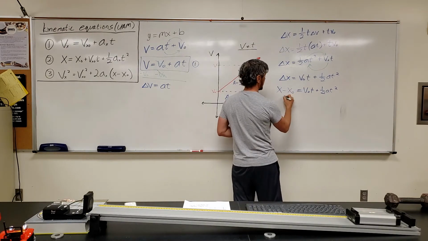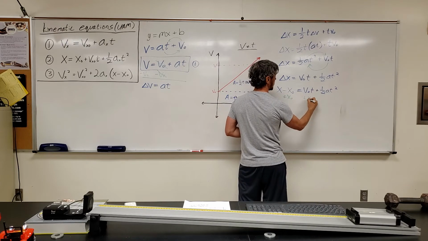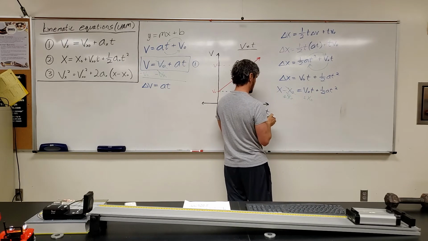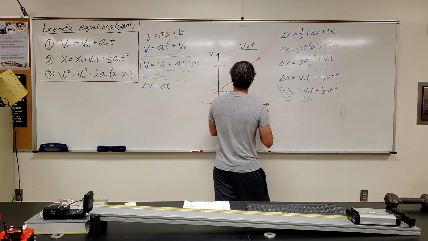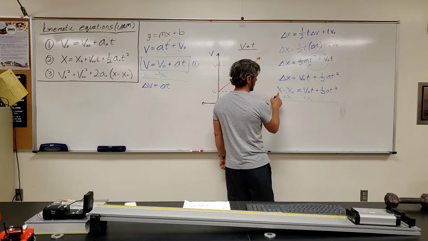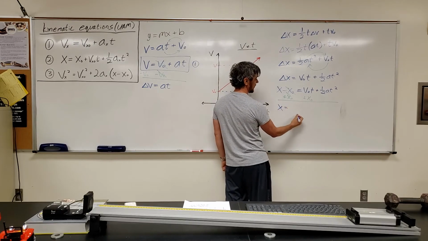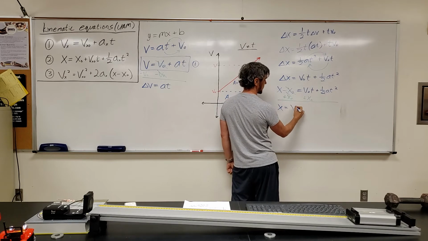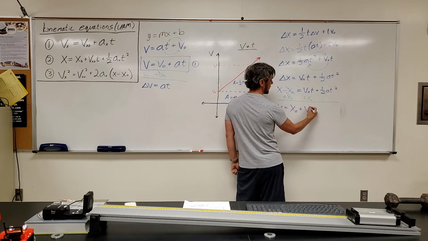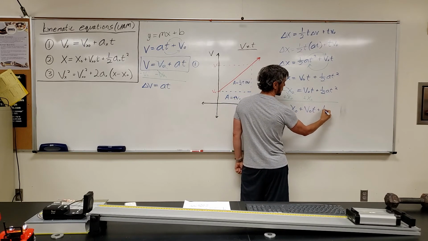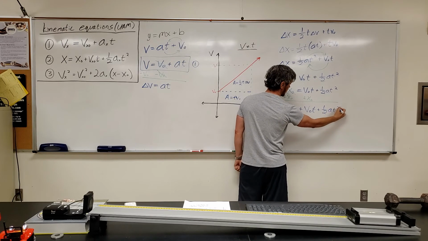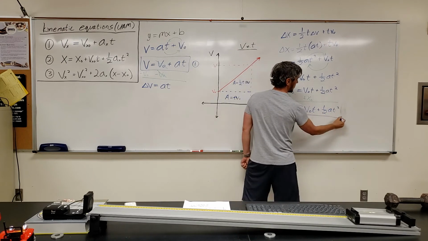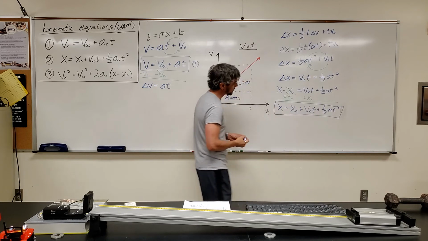So if I just add x naught to both sides, it goes away on the left. And I am left with kinematic equation number 2. Final position x equals the initial position x naught plus initial velocity times time plus 1/2 acceleration times the time squared. And there is kinematic equation number 2.